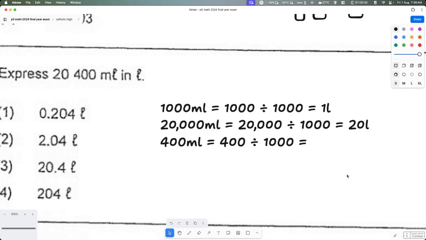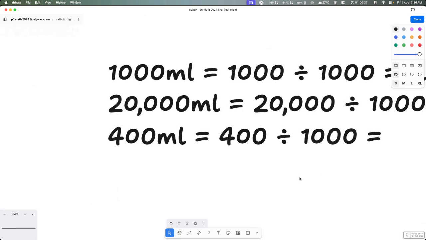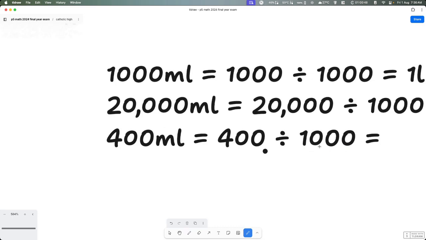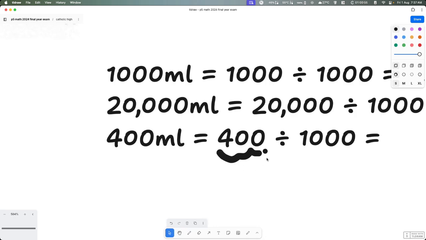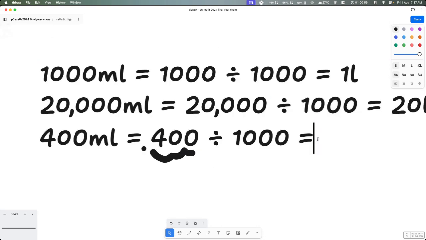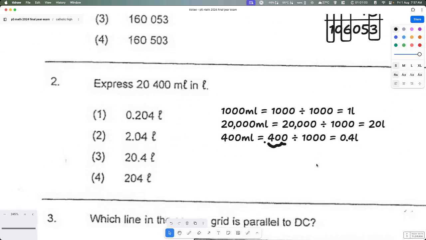If you put the dot over here as a decimal place, since we have 1, 2, and 3 zeros, we're going to move the dot 1, 2, and 3 places. So the dot will be in front of the 4. That means this answer should be 0.4 liters.